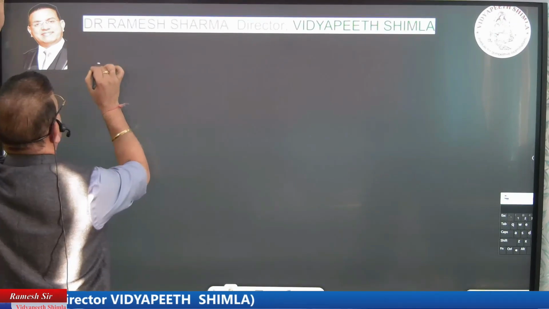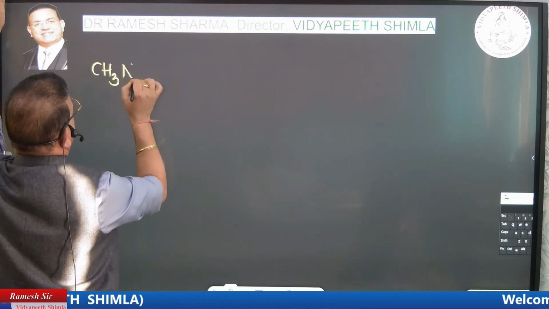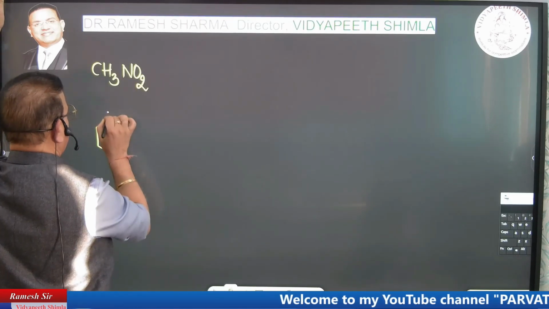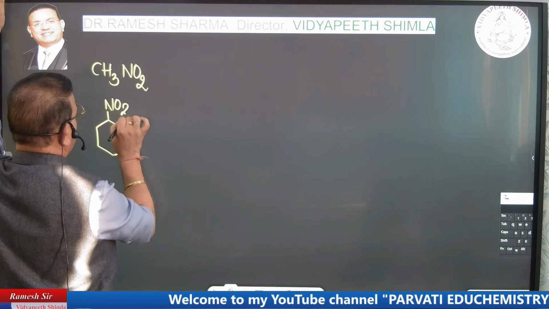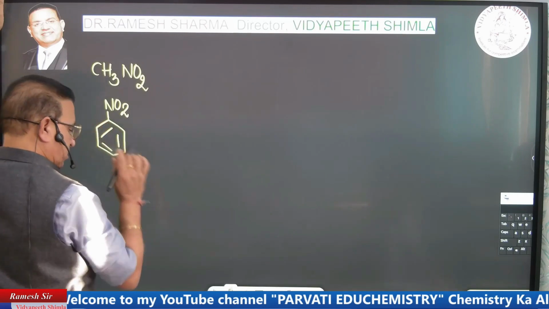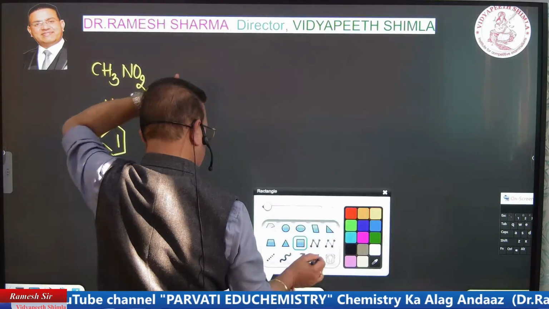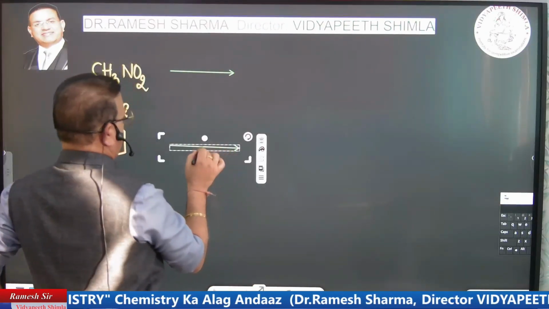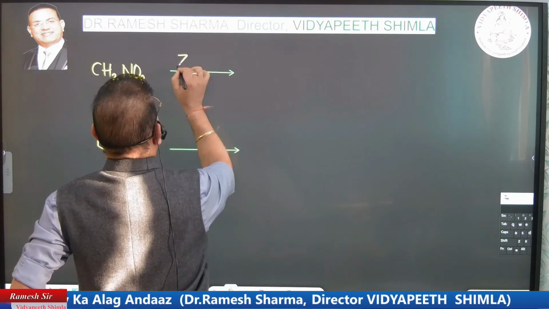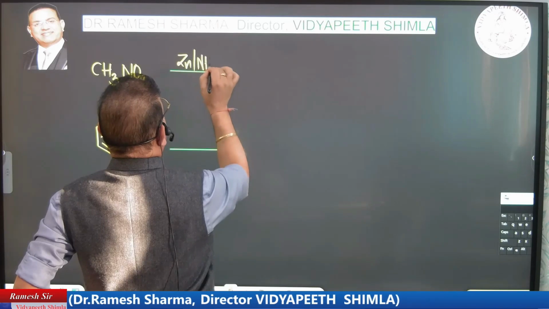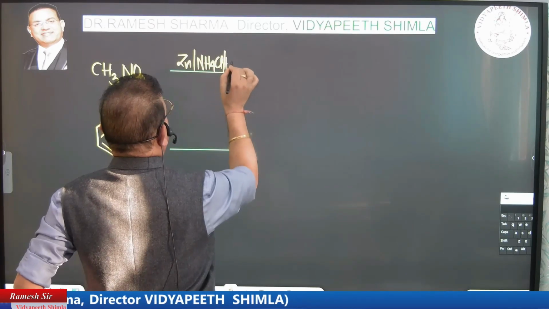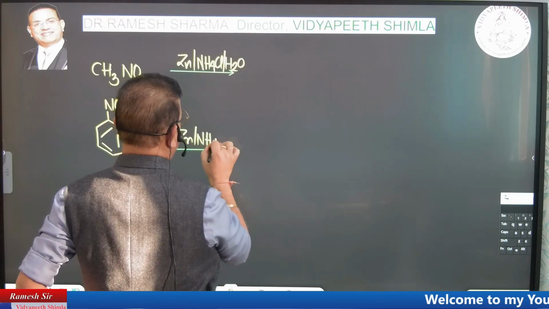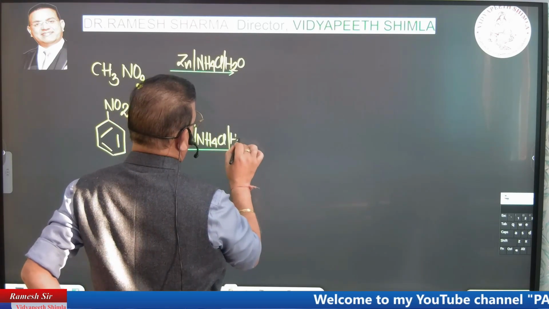If you treat aliphatic nitro compound and aromatic nitro compound, both in neutral medium, and neutral medium is zinc with ammonium chloride with water.